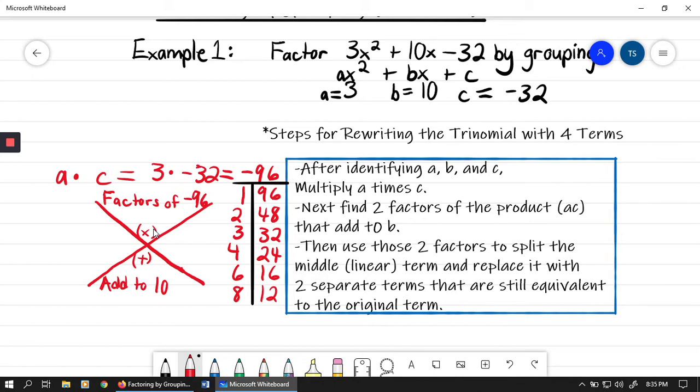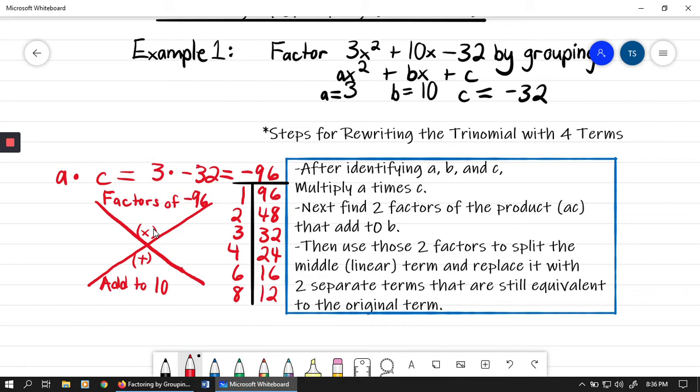So if we just look at some of these, remember, since negative 96 is a negative number, one of the factors in the pair that we choose is going to have to be negative, which means that we need to consider the difference of the pair of factors. So the difference between 1 and 96 is 95. The difference between 2 and 48 is 46. The difference between 3 and 32 is 29.